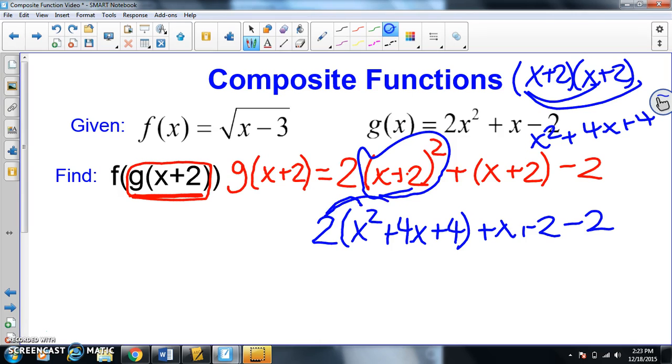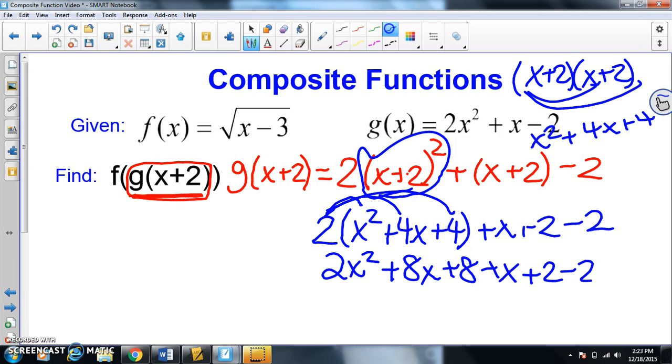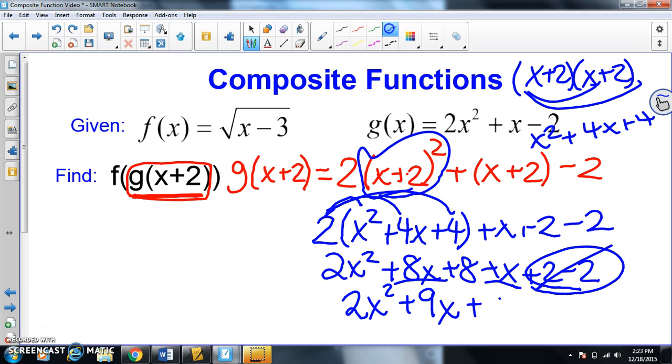I need to distribute this 2, and I'm left with 2x squared plus 8x plus 8 plus x plus 2 minus 2. Plus 2 minus 2 cancel. I can combine 8x and x to get 2x squared plus 9x plus 8.